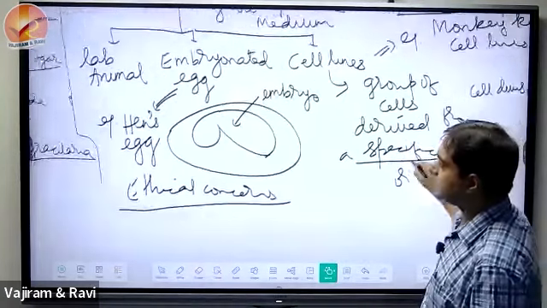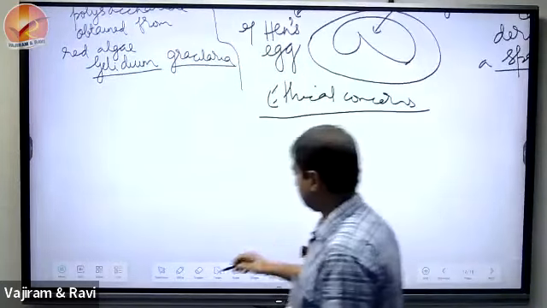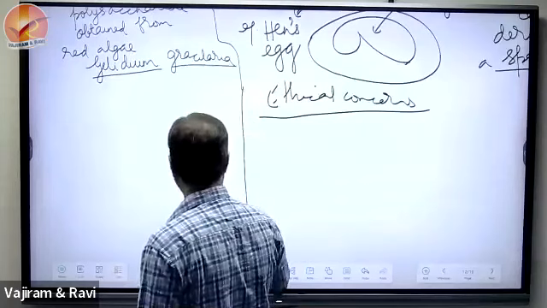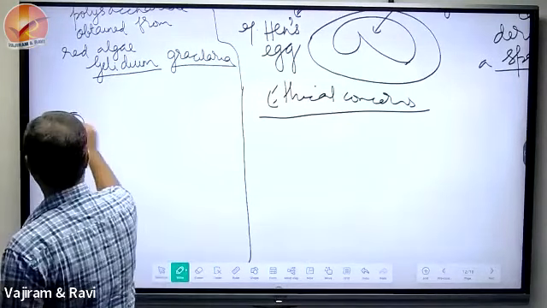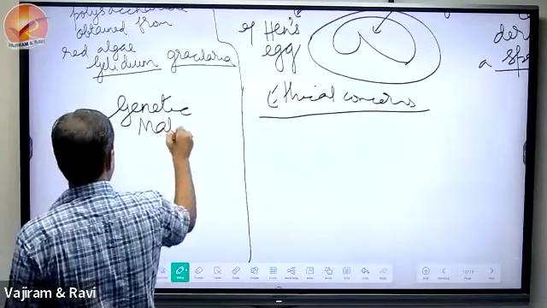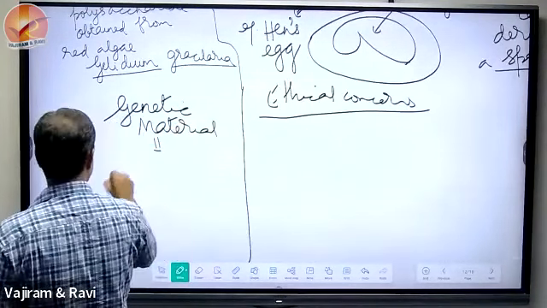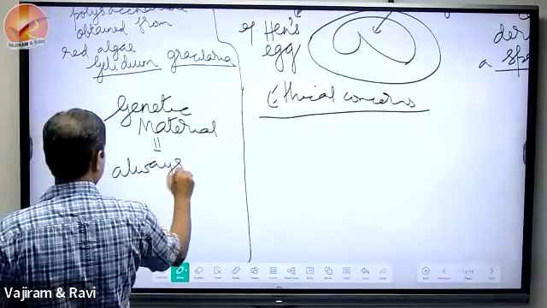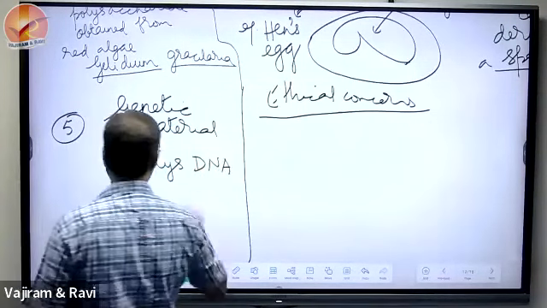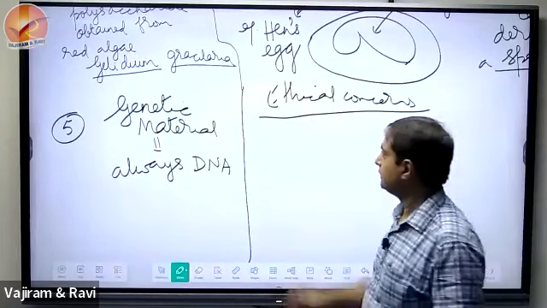So how many differences have you written? 4. We will complete this as the 5th difference now. Genetic material. Always DNA. So in bacteria, I will write genetic material DNA.